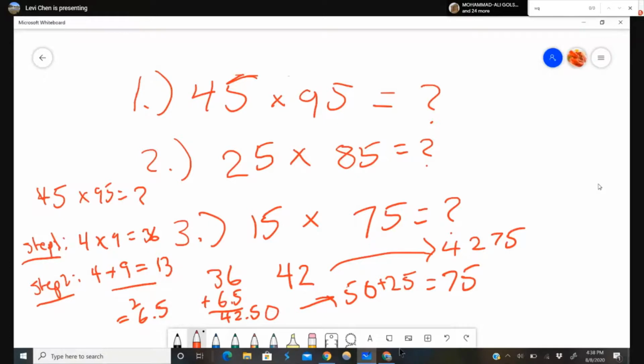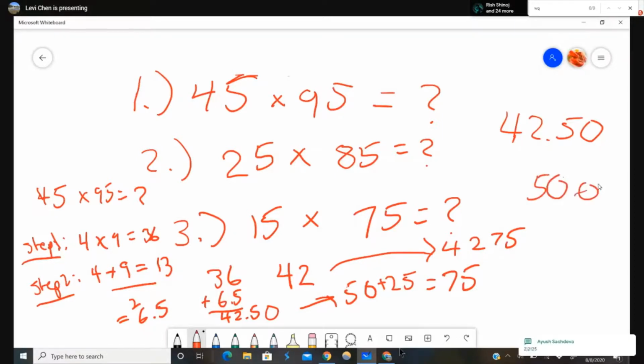No, so are you talking about the 42.5 and 0? Yeah, I'm pretty sure you always just add 1 zero because the other zero just becomes pointless. So yeah, you would just do 50 plus 25. Yeah, okay. Any other questions?